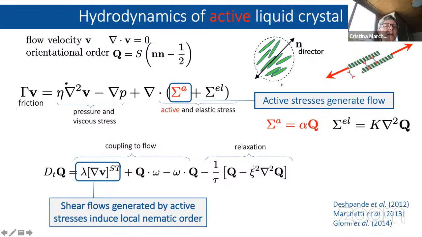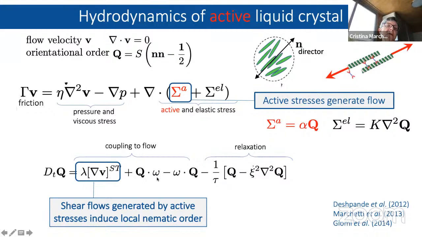And then there are terms that couple the order parameter to flow. This is the strain rate, and these terms say that shear flows tend to locally align the filaments, and so shear flows generate local nematic order.